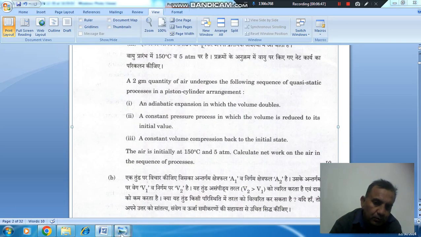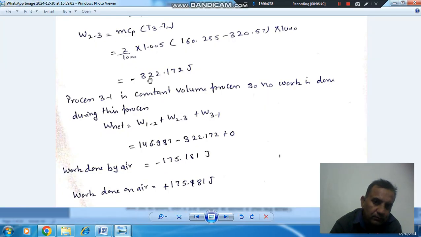It is positive because the compression work, the negative work, is more than the expansion work, so the work done on air is positive. So the answer is 175.181 joule.